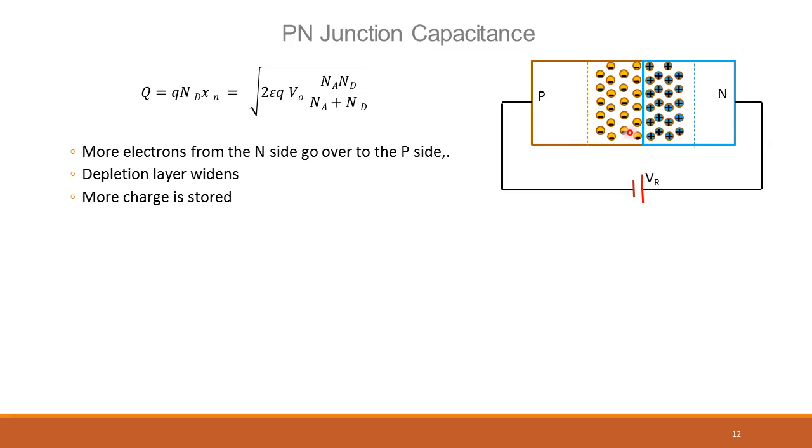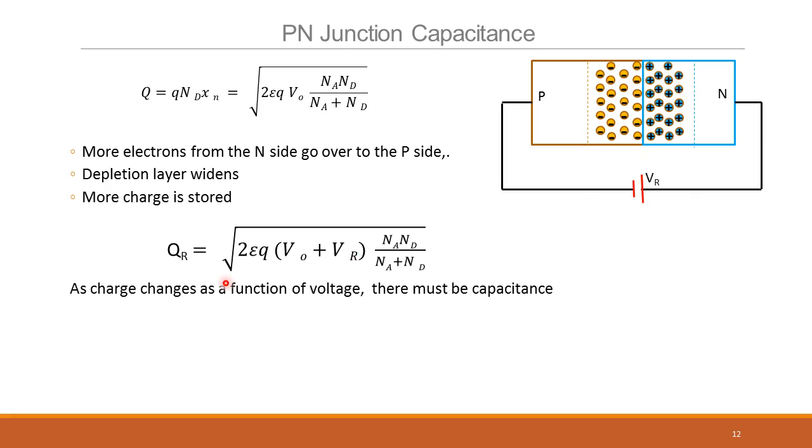Because the charge has now changed, and it's a function of the voltage that we apply, you can call that a capacitance. So the new charge in the depletion region is given by the same thing, except the V0 is replaced by V0 plus VR, because that's the additional potential that we applied across the junction.